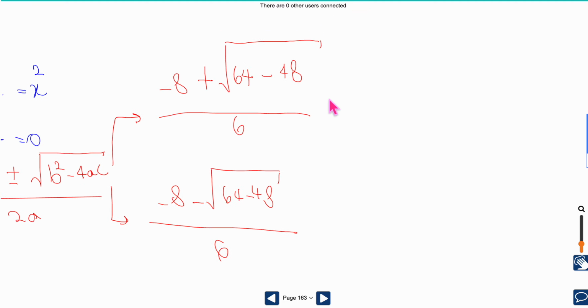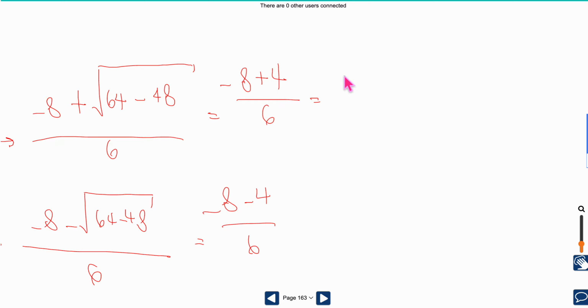I'm going to try to simplify that. 64 minus 48: how I would like to do that is to do 64 minus 44, which is 20, and then subtract another 4 to give me 16. So really, I'm looking at negative 8 plus 4 over 6. One more time, negative 8 minus 4 over 6.